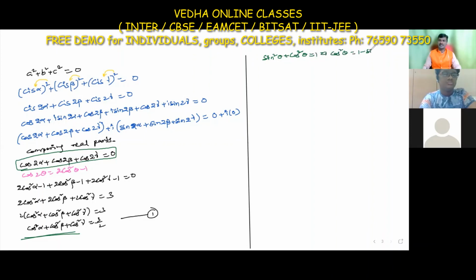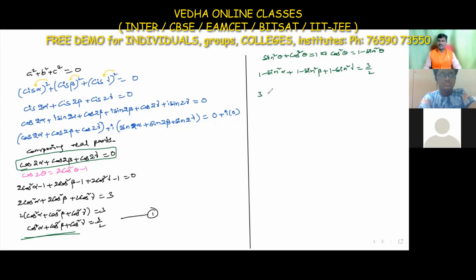From this, cos square theta is 1 minus sine square theta. So substitute that: 1 minus sine square alpha, plus 1 minus sine square beta, plus 1 minus sine square gamma is equal to 3 by 2. 1 plus 1 plus 1 is 3.